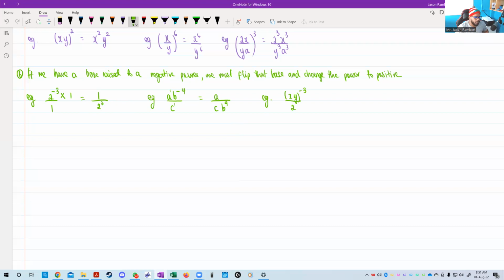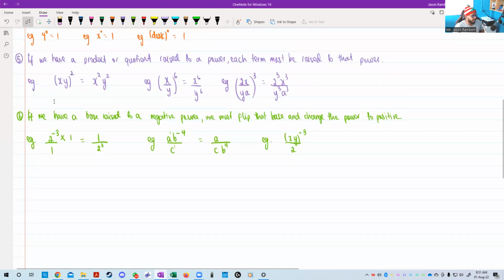Right now, the whole base is xy. If you wanted to be fancy, you could have used law 5, then law 6, because xy is a product.